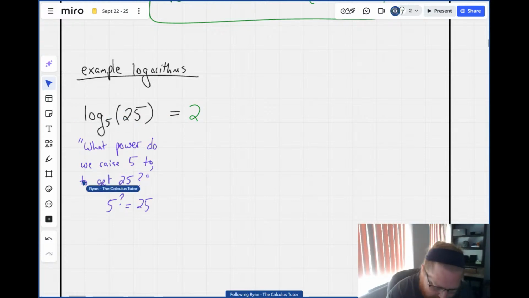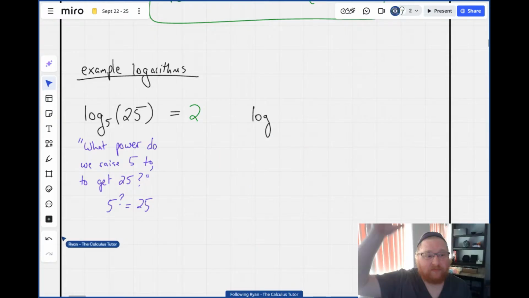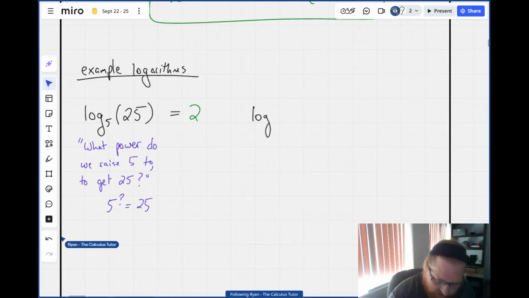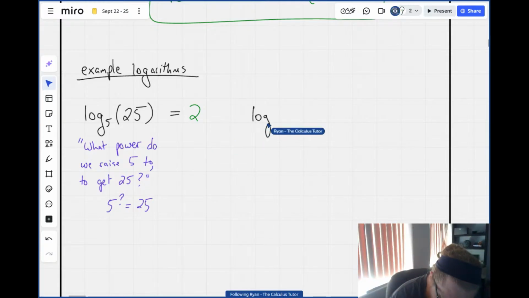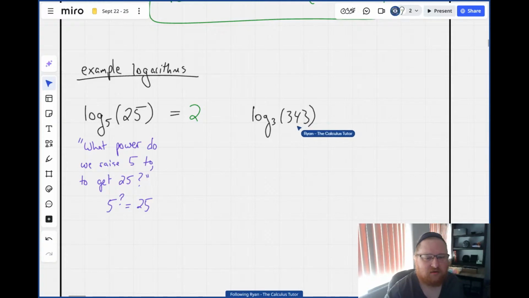Okay, what about log base 3? These are tough because exponential values get big really quickly. What about log base 3 of 243?